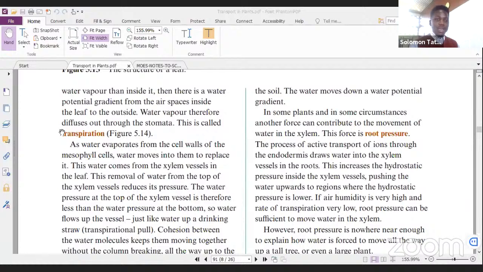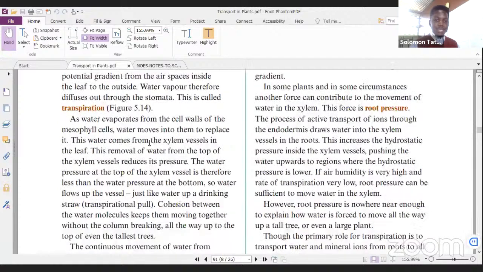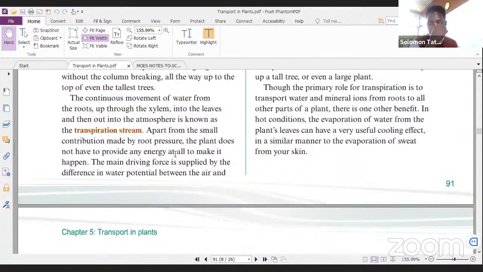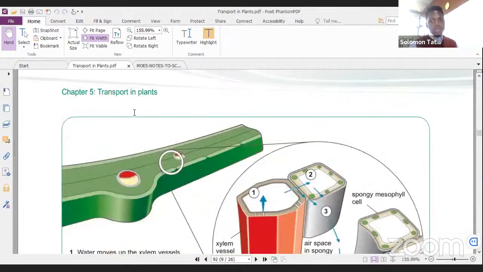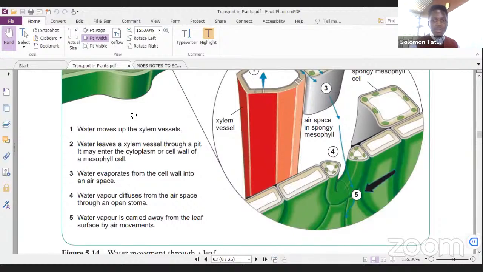This is accompanied by another process we call transpiration, which we defined at the beginning of this seminar. The transpiration causes what we call the transpiration stream. Water is being lost as water is being absorbed from the soil. That is the transpiration stream. So those are some of the things I wanted you to pick up.